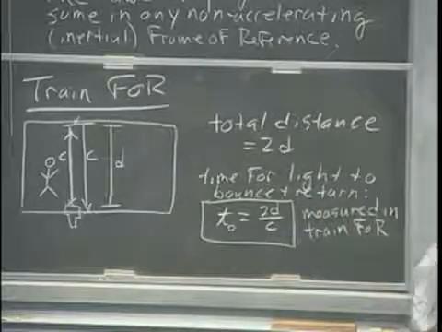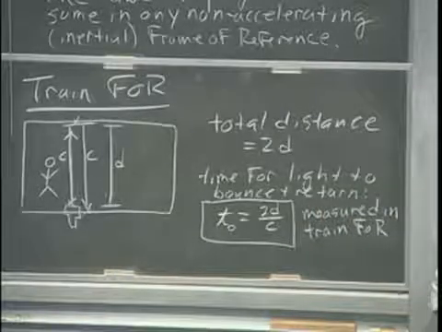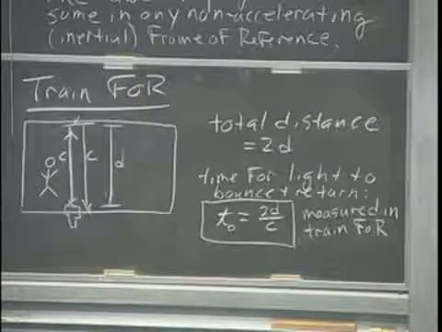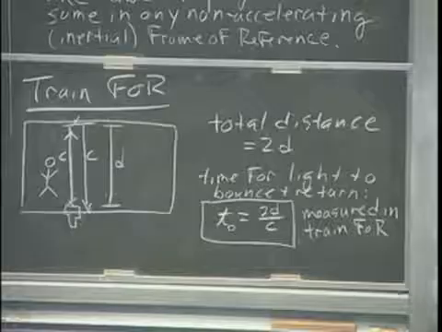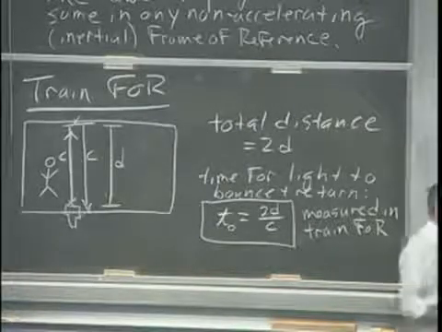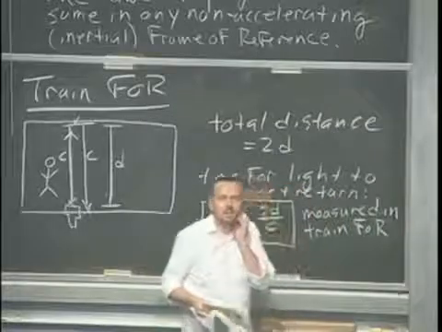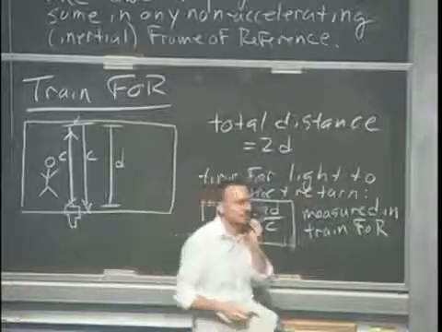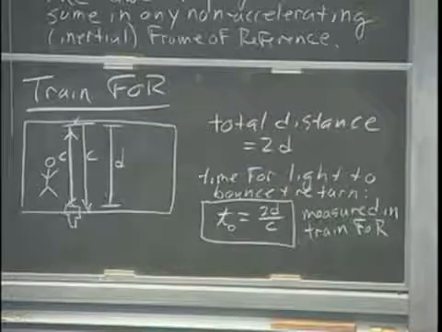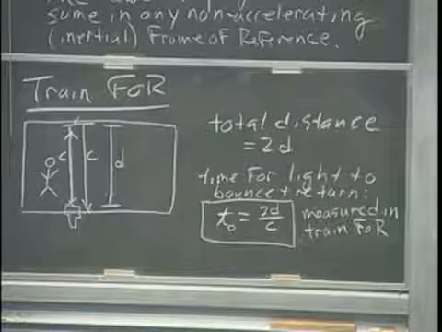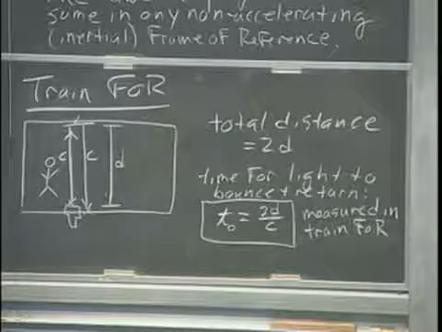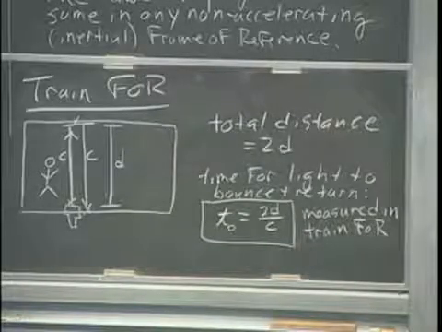Okay, how far has the train moved during this time? Well, it has traveled half of the amount of time, right? The total time. So the distance that it has moved is the speed that the train is moving times 1/2 the time, so v times t divided by 2. And likewise, this distance, it takes the other half of the amount of time, so distance is velocity times time over 2, 1/2 the time.